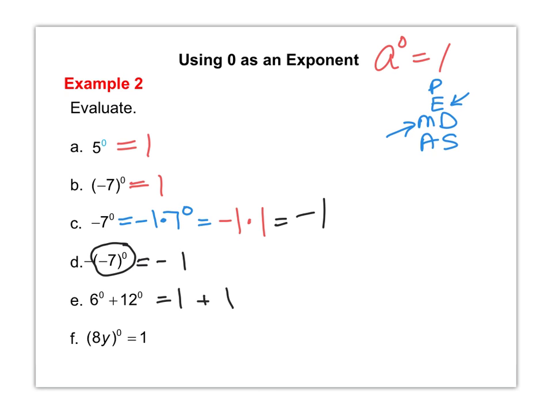Remember, we do exponents before we do addition. So we get our final result as 1 plus 1, which is equal to 2. And finally, this last one is done for us. 8y to the 0: this quantity is raised to the 0 power, so this is simplified to 1.